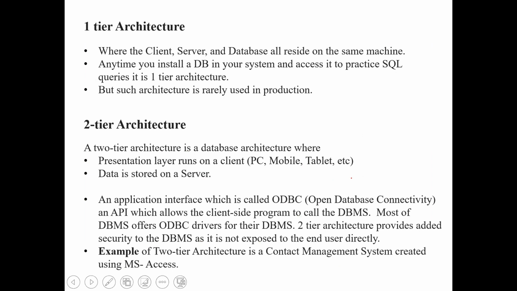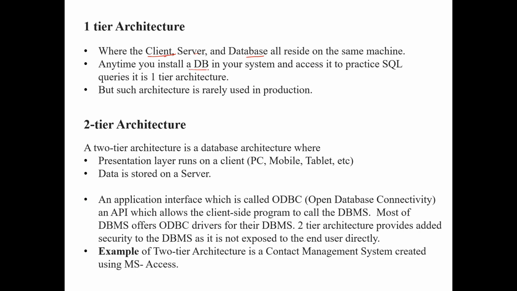Now we again study the two-tier, three-tier, and one more, that is one-tier. One tier means the machine is the same: on the same machine, there is a client, server, and database. When I access the database on the same machine through any application program, it is called one tier.